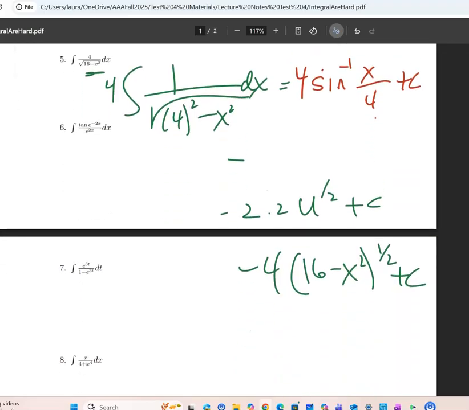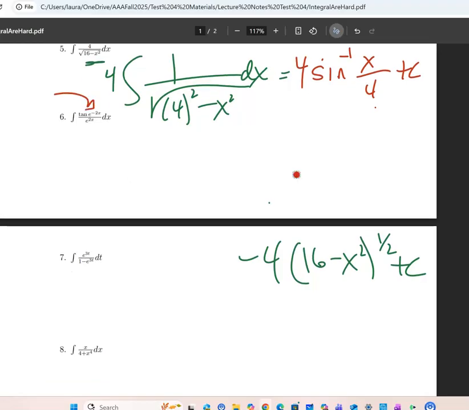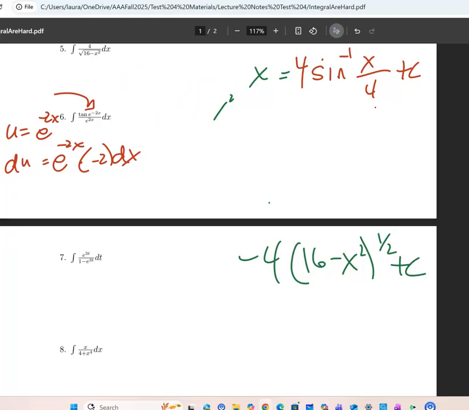So let me just finish this last one on this page. I see I'm going to need a u substitution for sure. How about we let u equal that inside function, u equal e to the negative 2x. So the derivative is e to the stuff times the derivative of stuff, right? So let's see what I can do here.